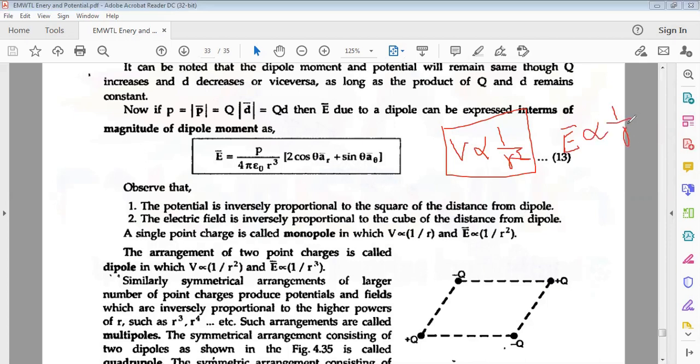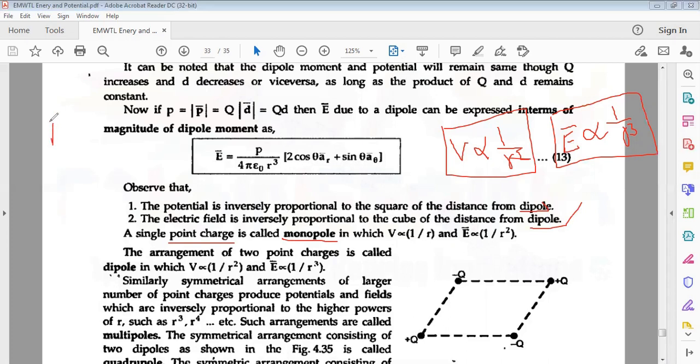A single point charge is called a monopole, in which the potential V is proportional to 1 by R and the electric field intensity is proportional to 1 by R square. Now I am taking the dipole: the potential is 1 by R square and the electric field intensity is 1 by R cube.